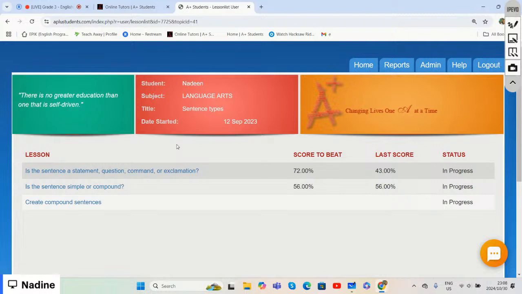We're going to find out about the four different types of sentences.